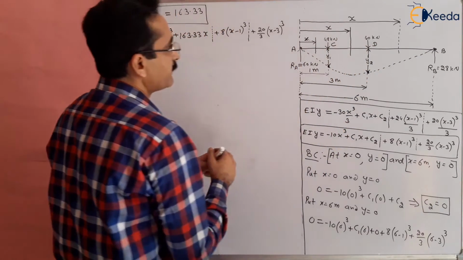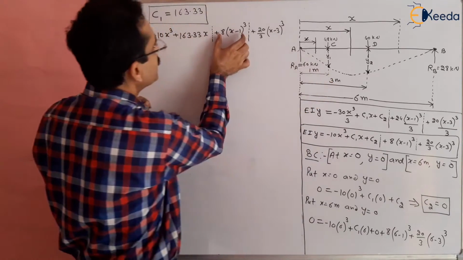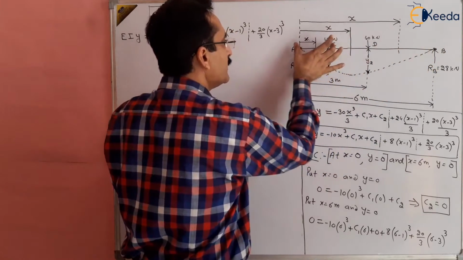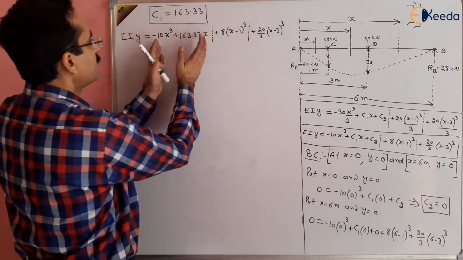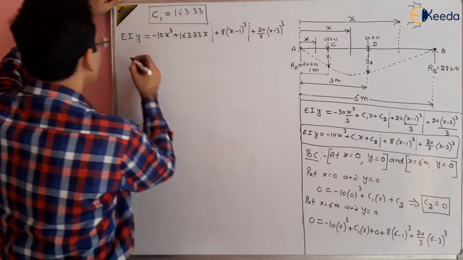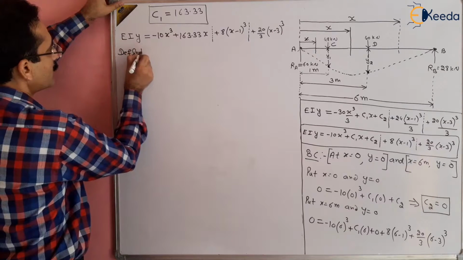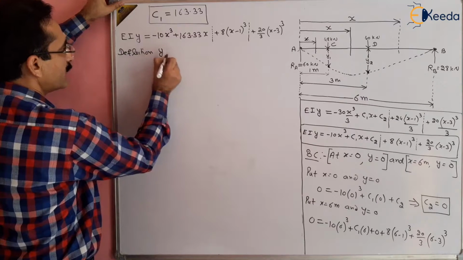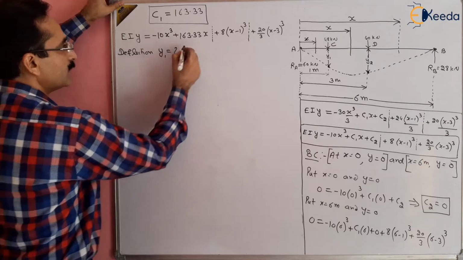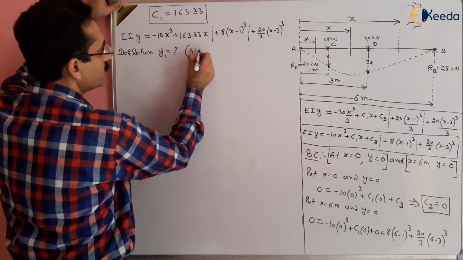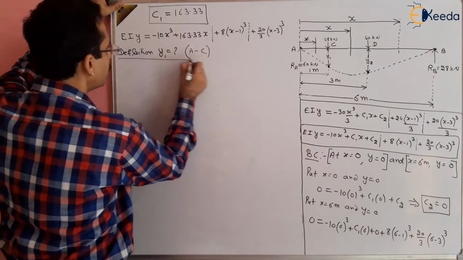But you will see that when we apply 1 meter, this will become 0 and it is not required, because this is between D to B. So only the A to C part is required, right? So to find out the deflection y1, we will use the equation for A to C, the first part only.